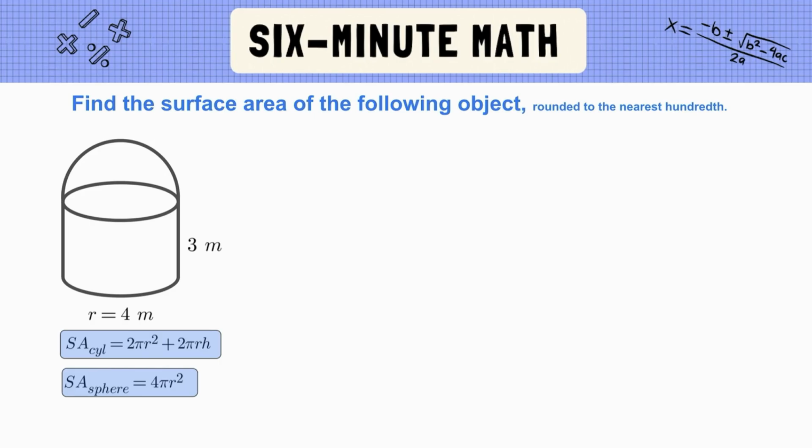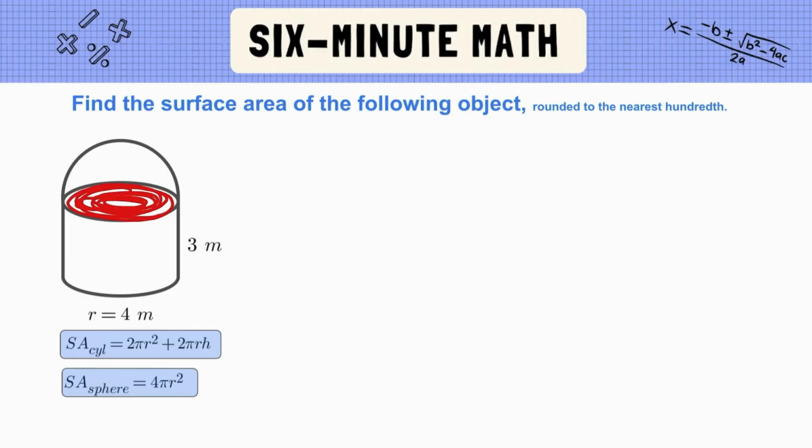So what I'm actually going to do in this case is isolate the parts of my three-dimensional objects that I need. My cylinder formula is 2 circles plus the lateral side. In this specific shape, I do not need the top of my cylinder, so I don't need 2 circles, I only need the one.